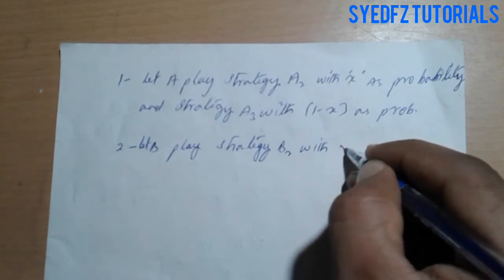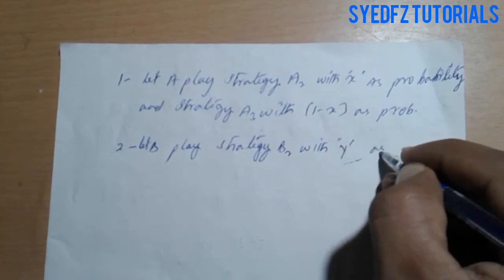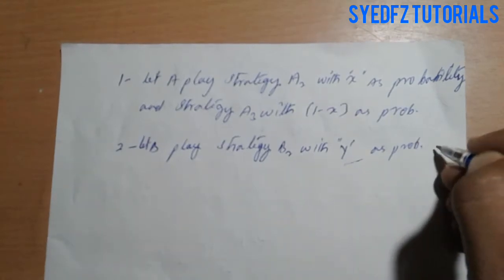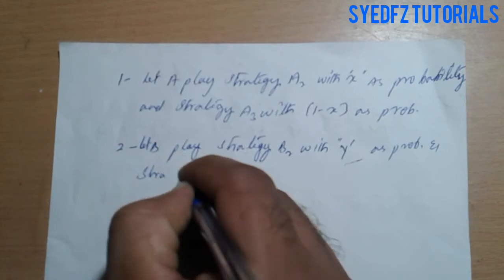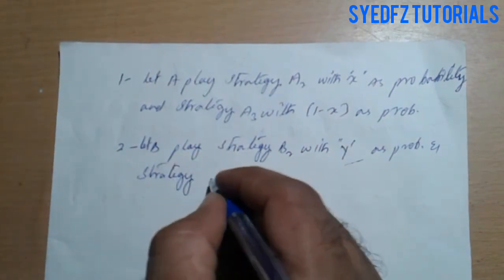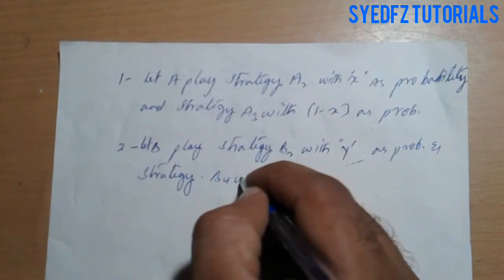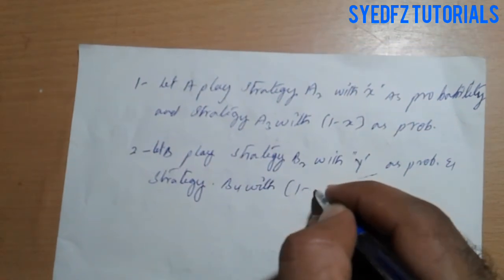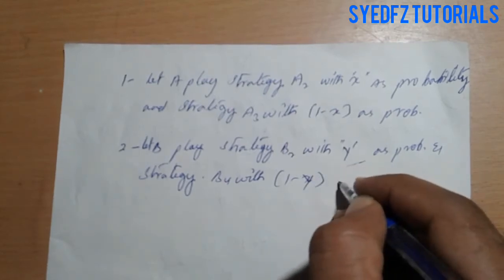For example, x and y we are taking as probability and strategy. Whereas B4 with 1 minus y as probability.